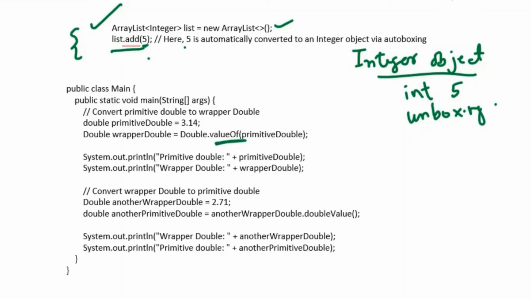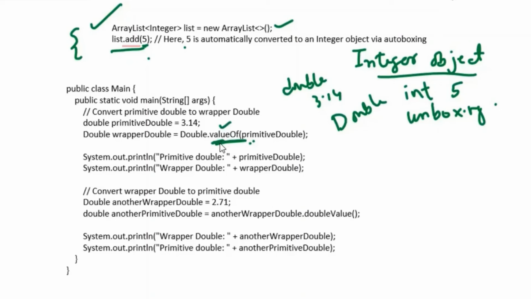So what is this valueOf method? Now, if you look at this particular program, you will find that there is one valueOf method. So what is this method all about? This particular line converts the primitive double value, that is 3.14, into its corresponding wrapper class Double using the valueOf method.